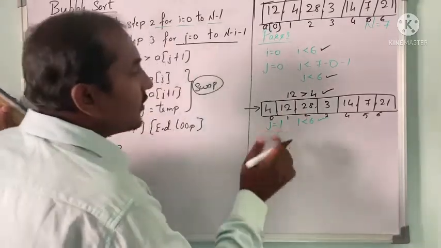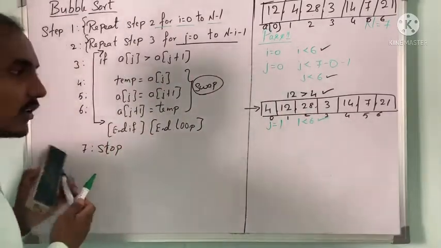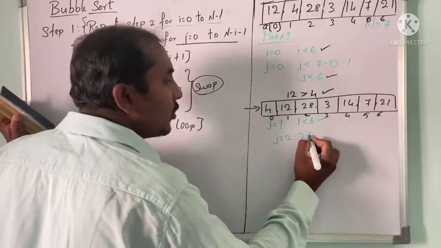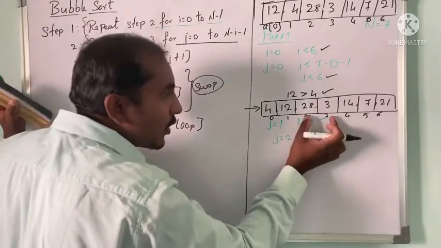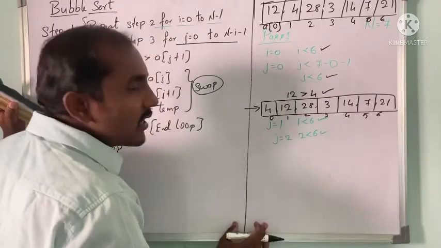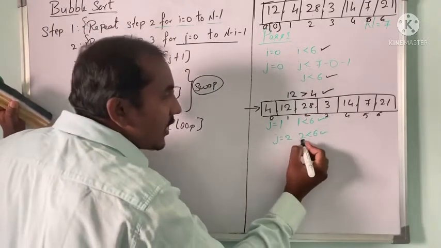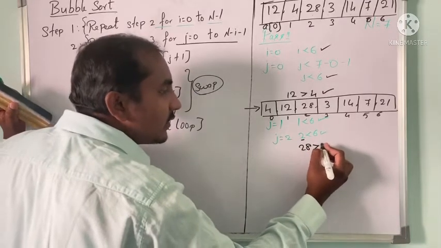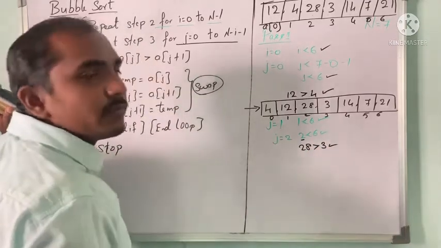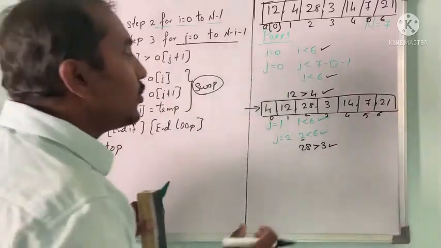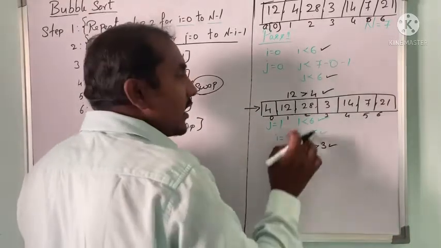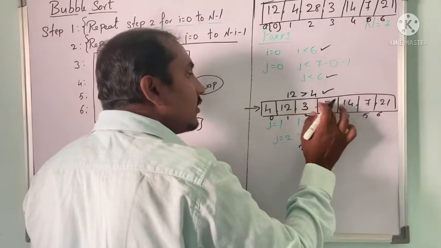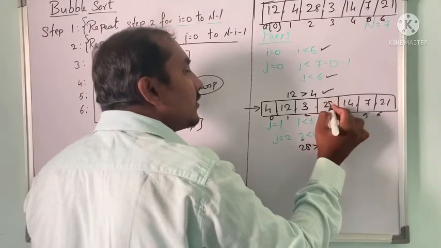Now again, the step will be repeated. j will become 2, and 2 less than 6 is also true. We are going to compare the next two elements. a of 2 is 28. If it is greater than 3, then it is true. If it is true, we are going to swap these two elements, so I'll get 3 here and 28 here.